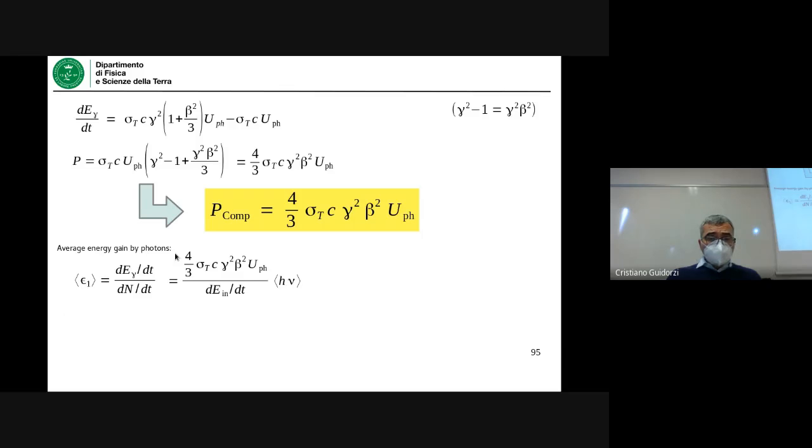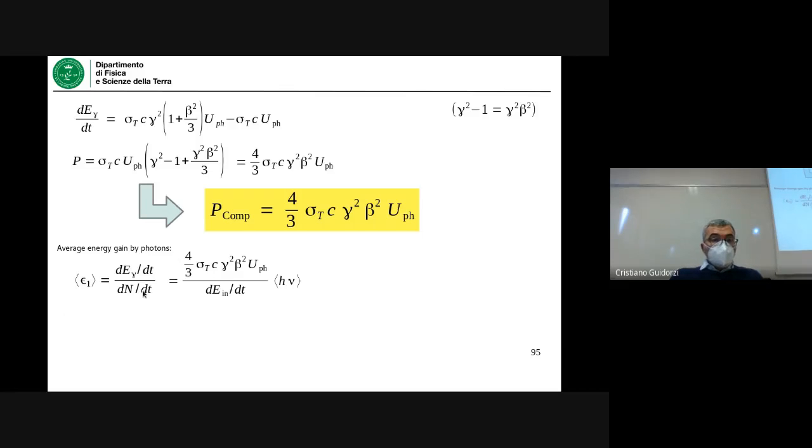In the denominator, this is just the total number of photons upscattered per unit time, which is the energy carried in by the photons before being scattered over the average energy.